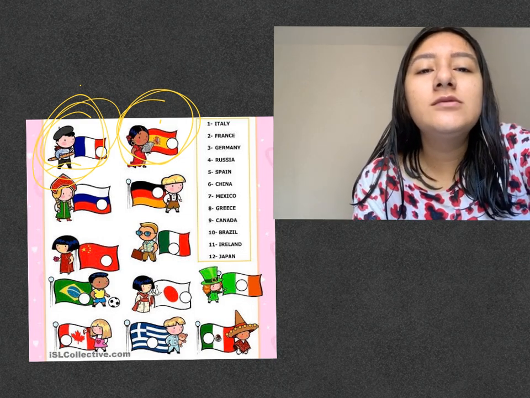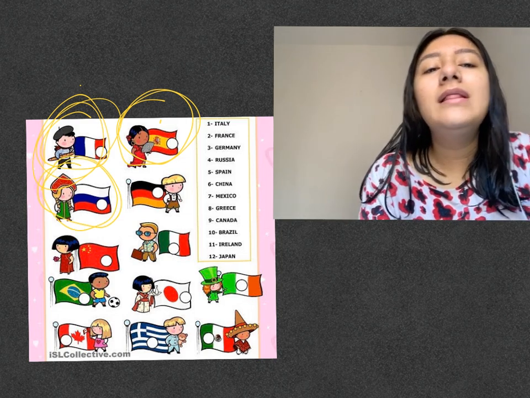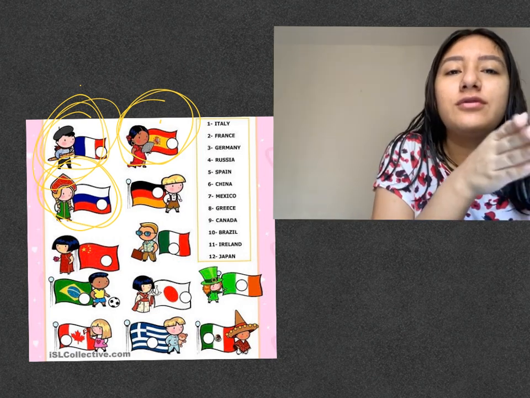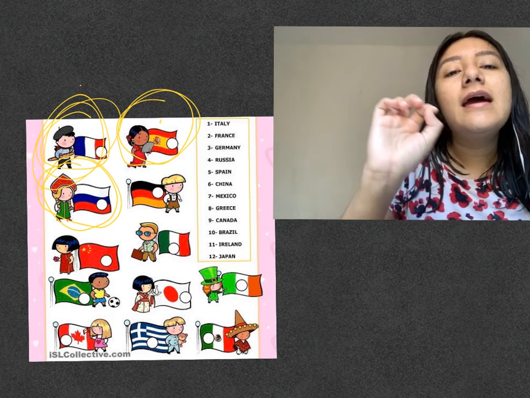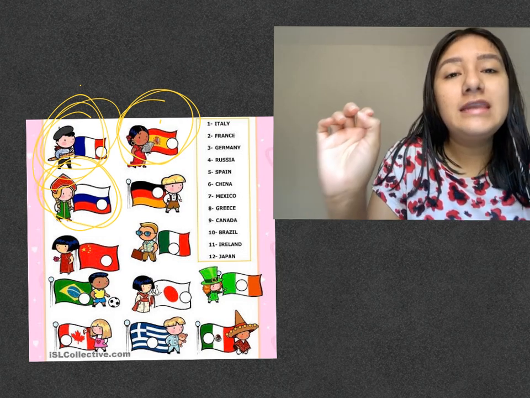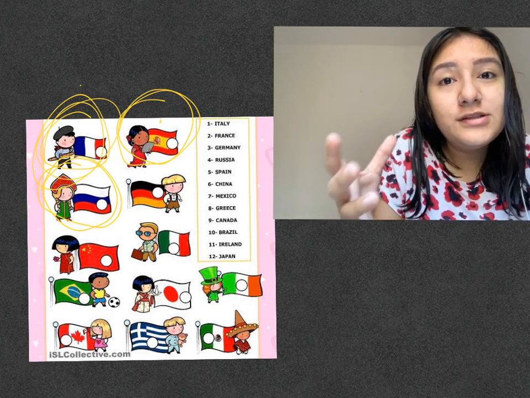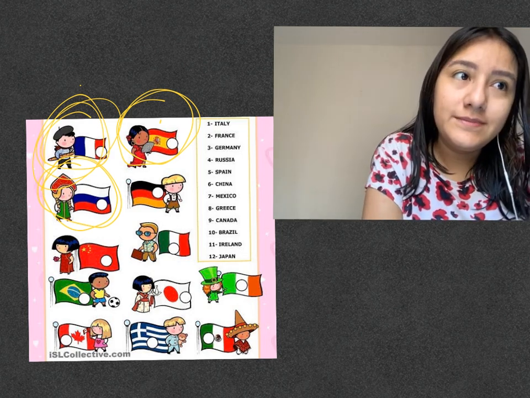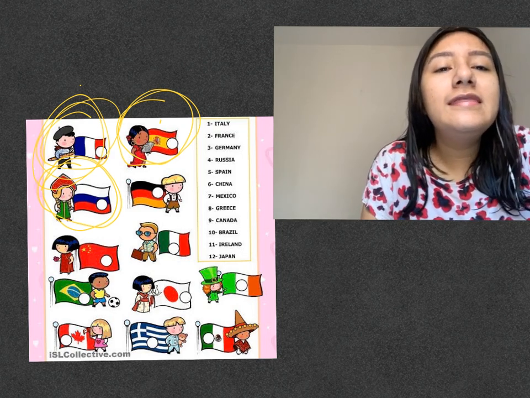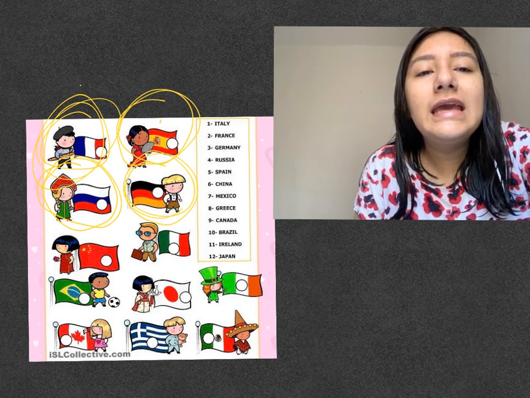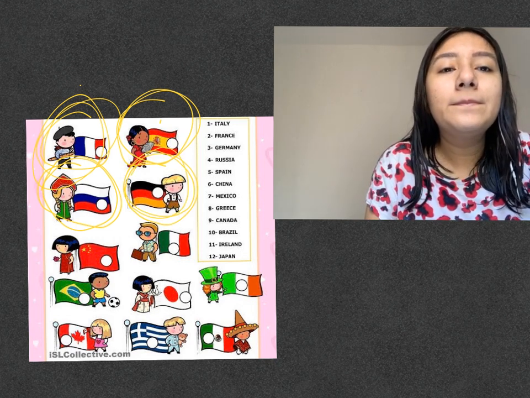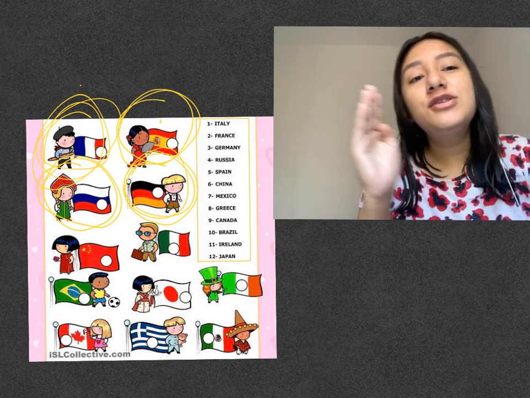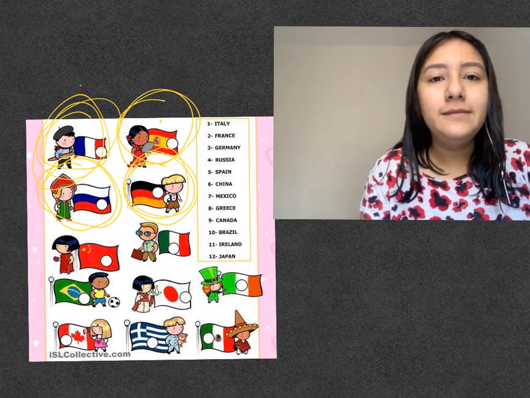Then the next one, the flag is from Russia. That's a country, Russia, and the nationality, the person that lives there, would be a Russian. And then the next one is Germany, the country, and German is the nationality.